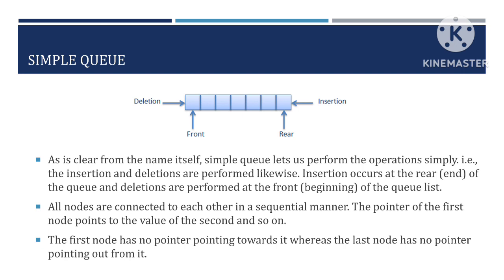The first node has no pointer pointing towards it, whereas the last node has no pointer pointing out from it. That means in the first node we don't have any connection coming towards it, and similarly in the last node there will be no pointer going out, and that is the case of normal queue.